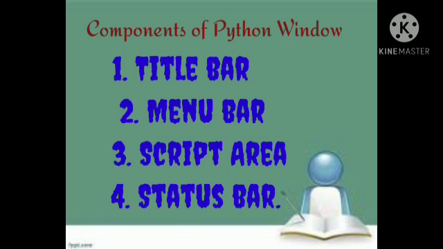This bar consists of various menus with different options. Script area. This is the area where you type your code. And last is the status bar, which tells you the current status of your cursor on the window.